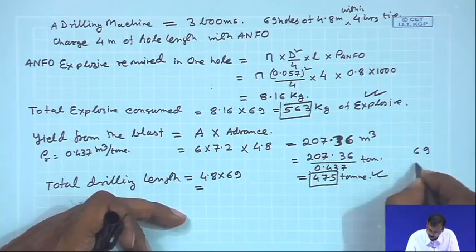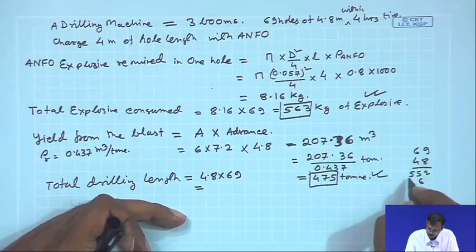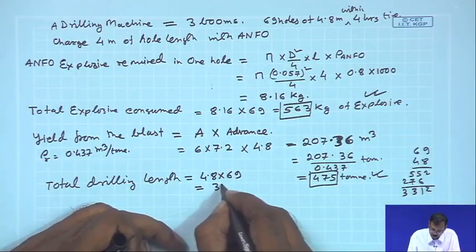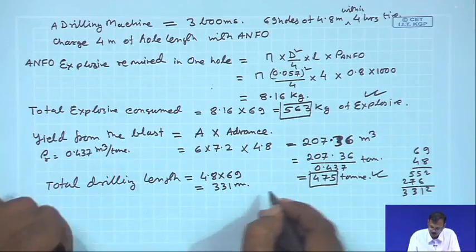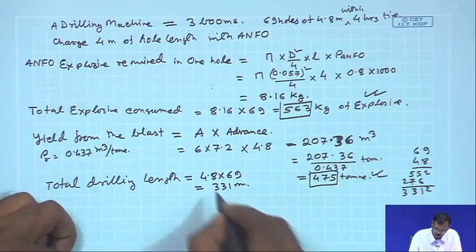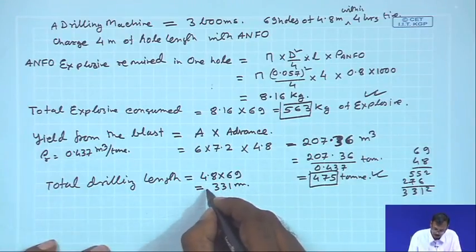Let me multiply it here. So, it is coming around 331 meter approximately, 0.2 approximately. So, this is the total drilling length carried out in the phase.